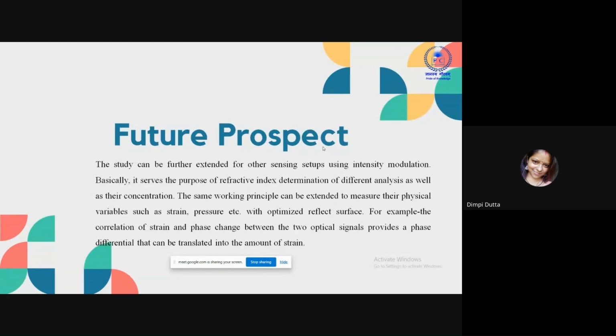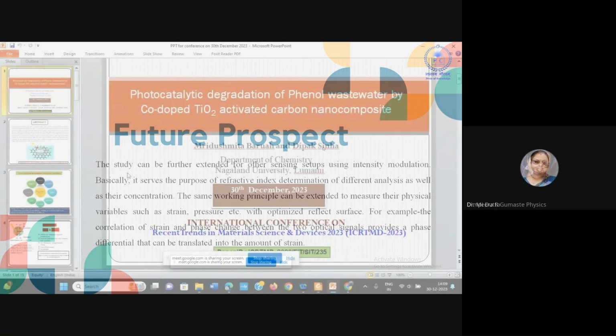So this whole setup can be used as a refractive index sensor as well. So these are the future prospects that we can perform later on. Thank you so much.